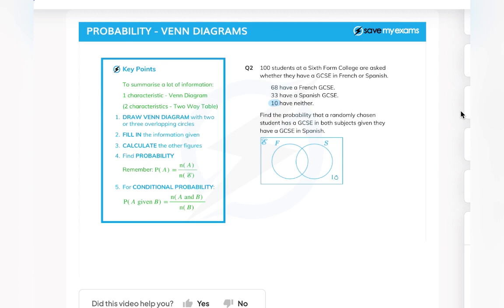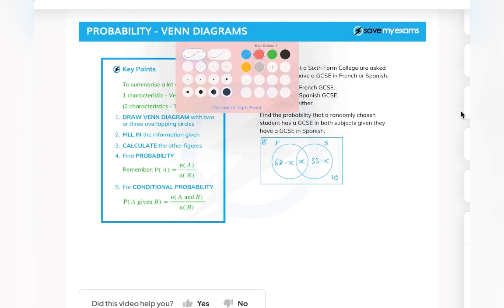Now, the thing that's causing me the problem is the overlap. So I'm going to give that a name, and I'm going to call it X. And as soon as I do that, well, all of this bit must be 68, so the left-hand part of it must be 68 minus X, and similarly, in the S circle it must be 33, and so this bit is 33 minus X. And now the 100 comes into play, because I know that all of those things added up must equal 100.